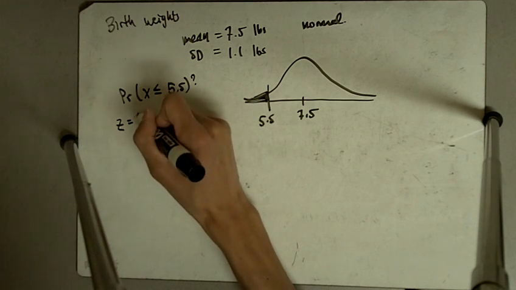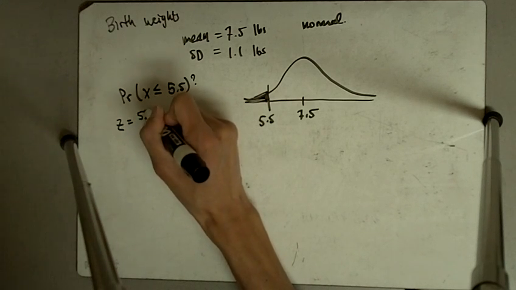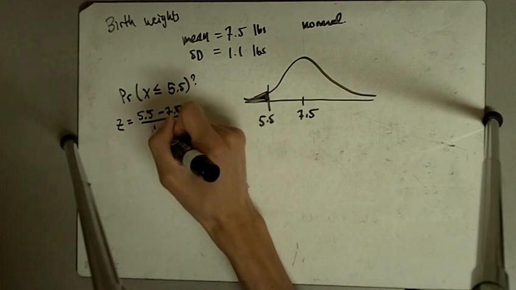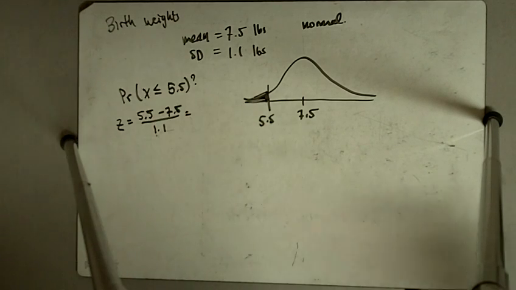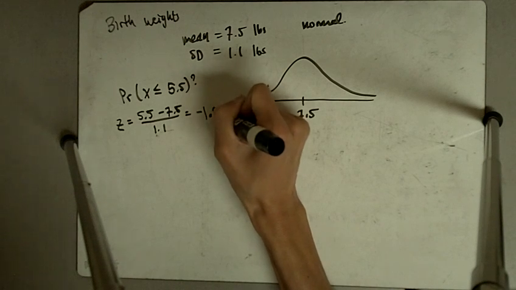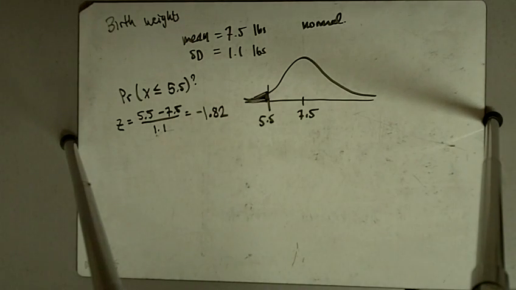Our z is going to be 5.5 minus 7.5 divided by 1.1. So we get negative 2 on top divided by 1.1. I get negative 1.82, a z-score of negative 1.82, and I want to know the area to the left of negative 1.82.